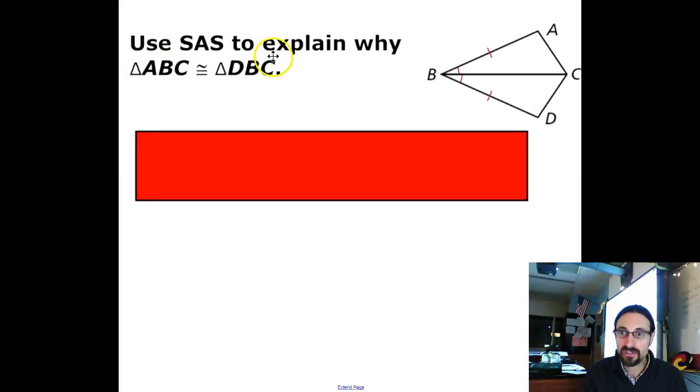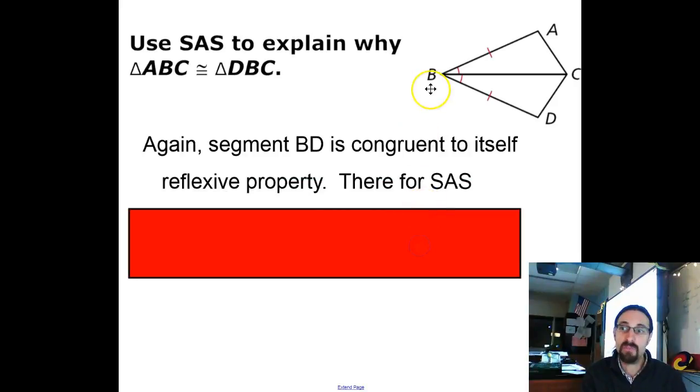Use SAS to explain why triangle ABC is congruent to triangle DBC. It says, oh, well, BD and AB are congruent, and those angles are congruent. And hopefully by now you say, wait a minute, isn't BC congruent to BC? And of course it is, yes. So again, I wrote BD.